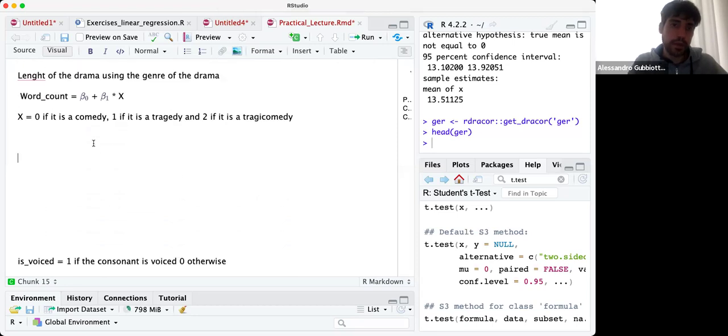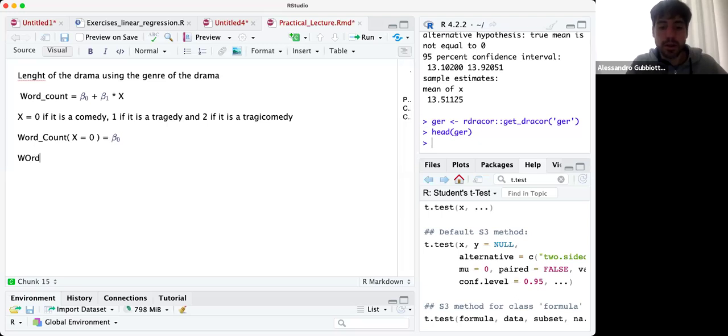So, why is it wrong? Well, because the word count for a comedy, which is x equal to 0, is equal to beta 0.